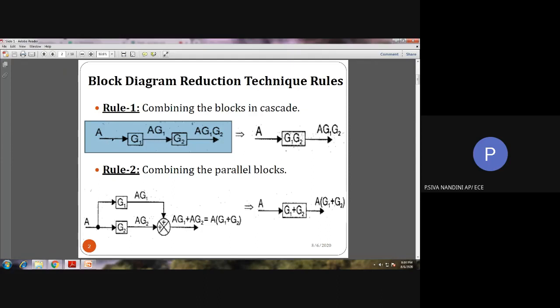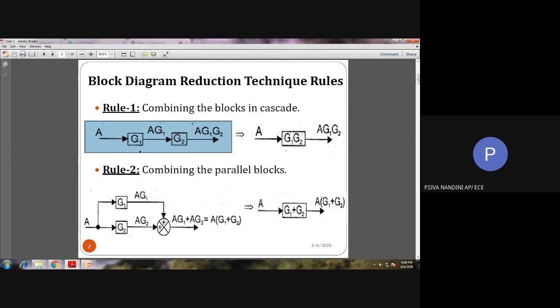So when an input is given to a block, the output will be the input into the block. When we are giving A to the block G1, the output is A into G1, because G1 is nothing but a mathematical operation or a function we can say. And again this AG1 is given to the block G2 and we will be getting AG1 into G2.